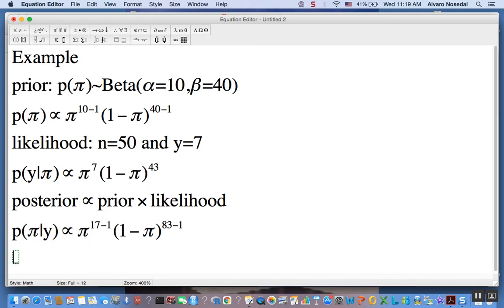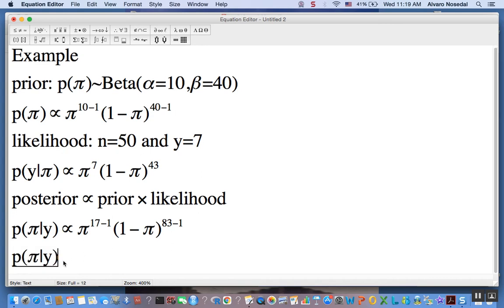So just from looking at that kernel, we go, oh, right. It seems that the posterior distribution has a beta distribution with parameters, and we use the following notation.